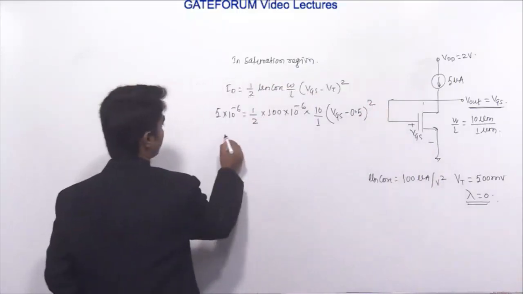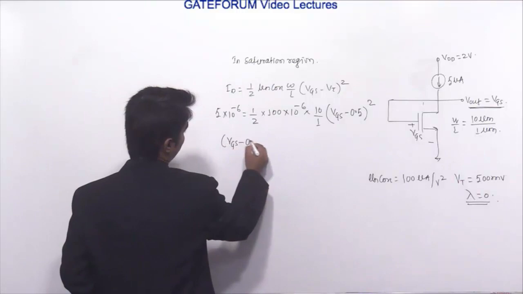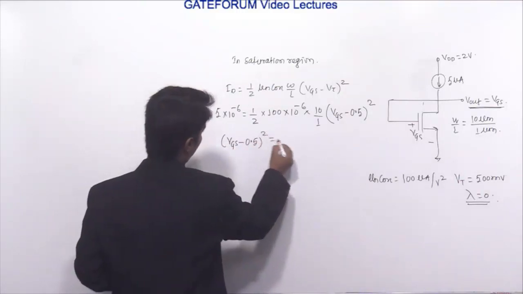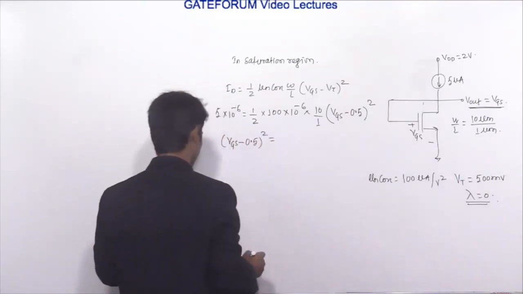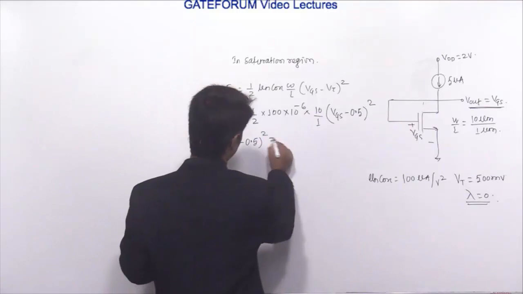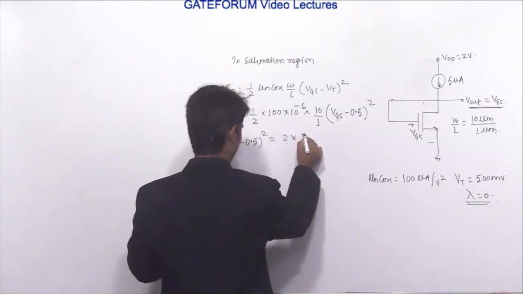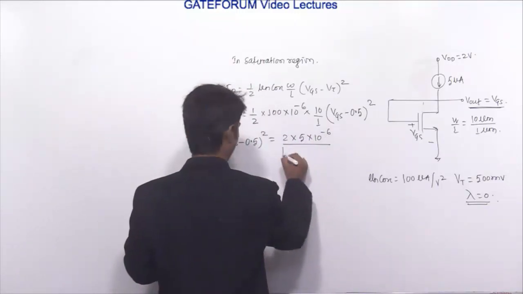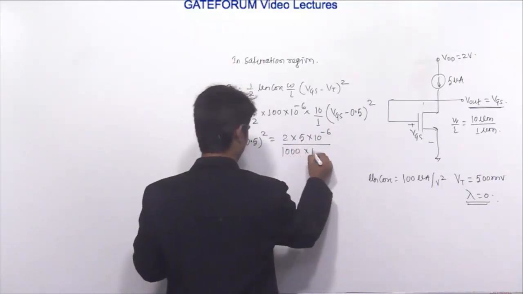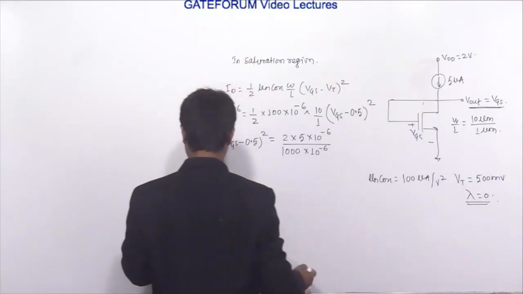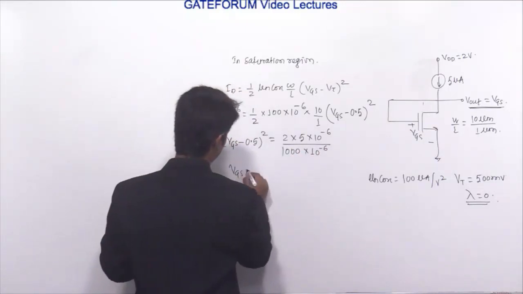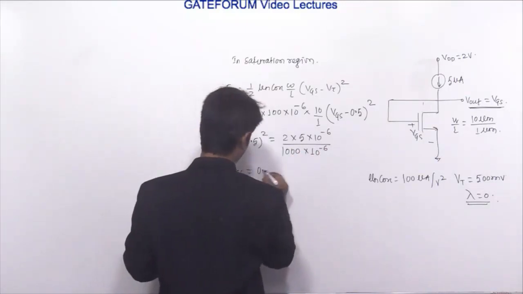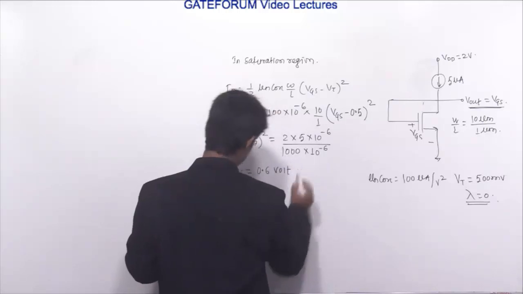From here we can say that (VGS minus 0.5) square equals 2 into 5 into 10 raised to power minus 6 divided by 1000 into 10 raised to power minus 6. Therefore, VGS should be 0.6 volt.